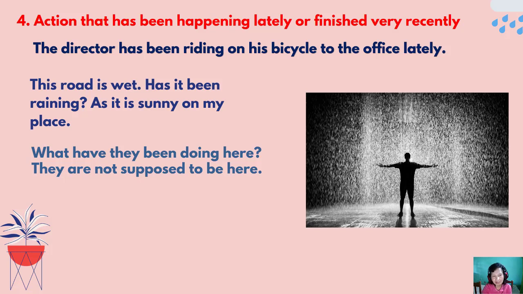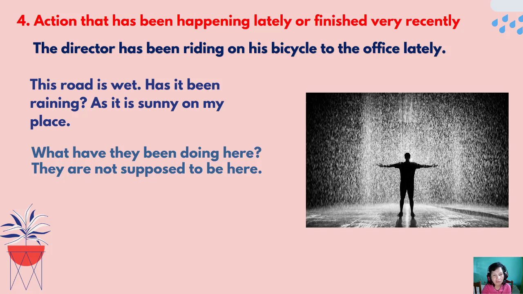Okay, sometimes we can also use the present perfect continuous for something that is actually finished, but to express our inquiry about something that should not be like that, or it's kind of a complaint, or sometimes we want to criticize things.